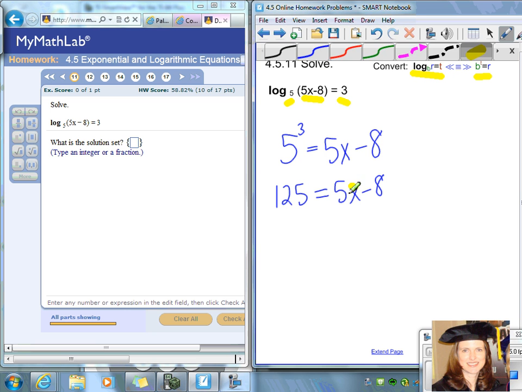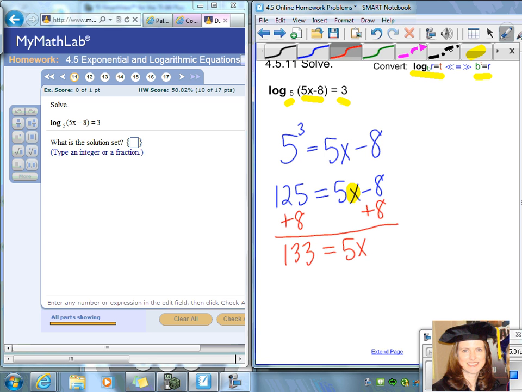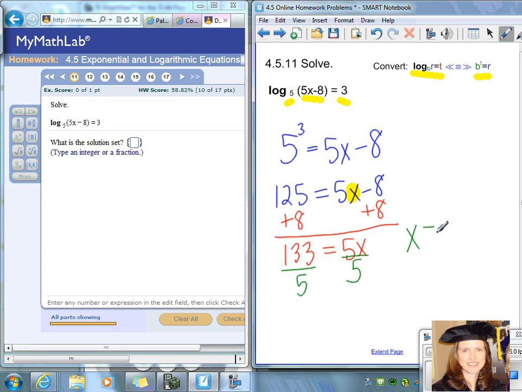My goal here is to get the x by itself. I'm going to add 8 to both sides, and I get 125 plus 8, which is 133, equals 5x. Now we're going to divide both sides by 5 to get our answer. x equals 133 divided by 5.